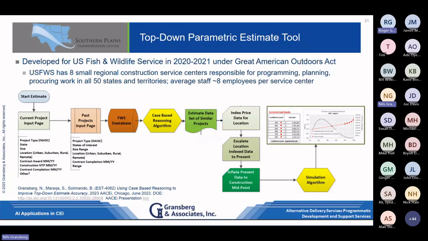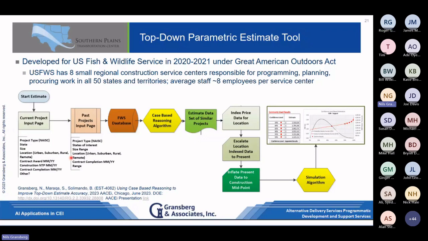But the process essentially is you start with an estimate, right? We start with a requirement. Here's what we think we need, and we look at the characteristics of it, and you put in whatever those are in your little input page. Then it's going to look at my past projects, and I give it some guidance on either what I want it to pull from or not pull from.